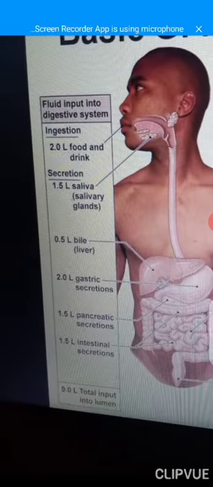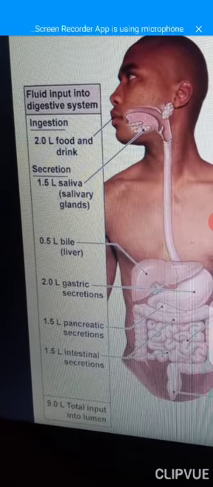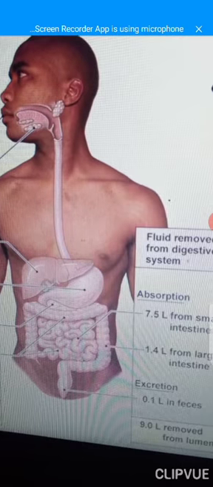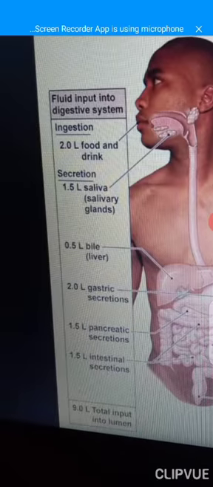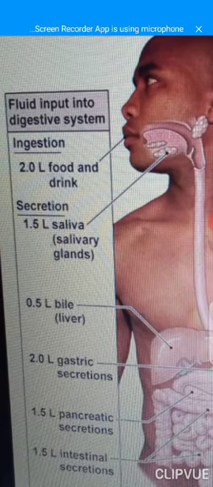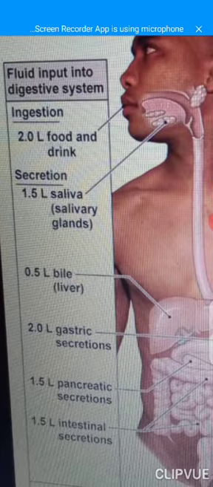Now, note, for the maintenance of fluid balance, there's something you must understand: the input of fluid into the digestive system is about 9 liters every day, and the output is also about 9 liters every day. So what contributes to the input? The water and the food consumed will account for about 2 liters.